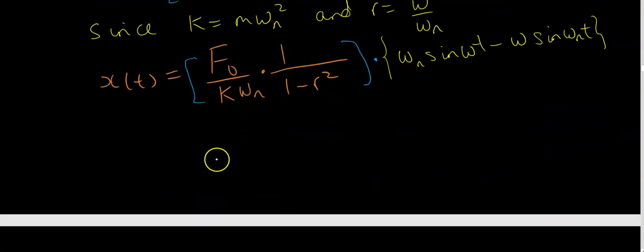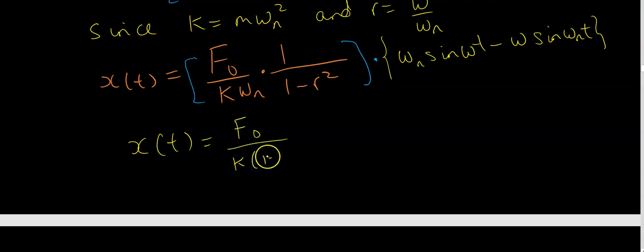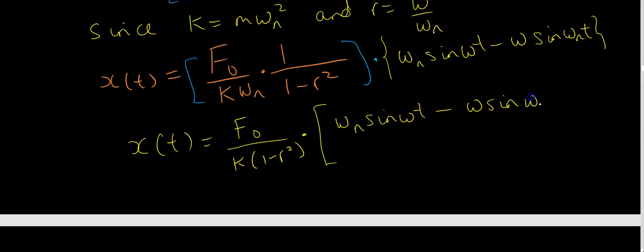And I believe for the Laplace solution, what we did was we said xt was equal to f naught on k, 1 minus r squared, multiplied by, now I'm going to put a little bracket, omega n sine omega t minus omega sine omega nt, divided by omega n.